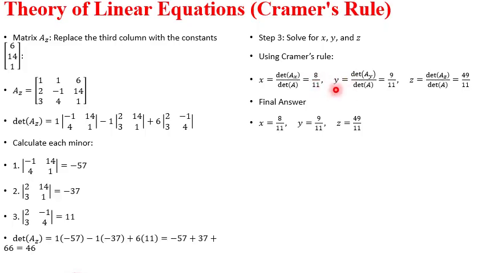And we also use Cramer's rule to divide the determinant of AY over the determinant of A, and to get Z, the determinant of AZ over the determinant of A. So doing that shows that variable X becomes 8 over 11, variable Y becomes 9 over 11, and variable Z gives us 46 over 11.